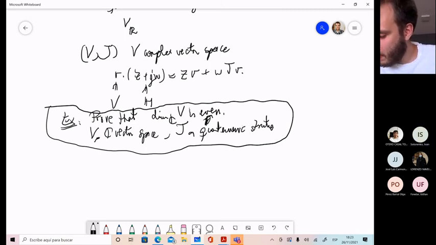Using the determinant maybe. Probably using the determinant has to be something, right? Because probably the same proof applies. I don't know, I haven't thought about it.